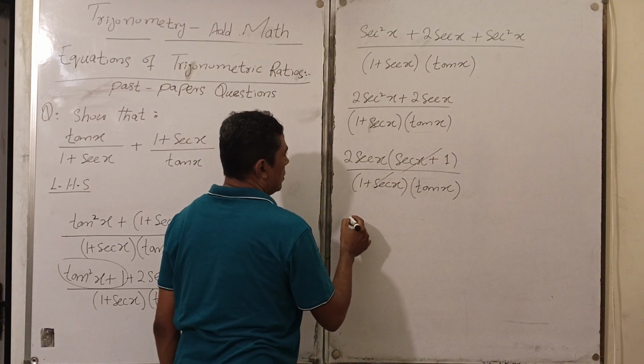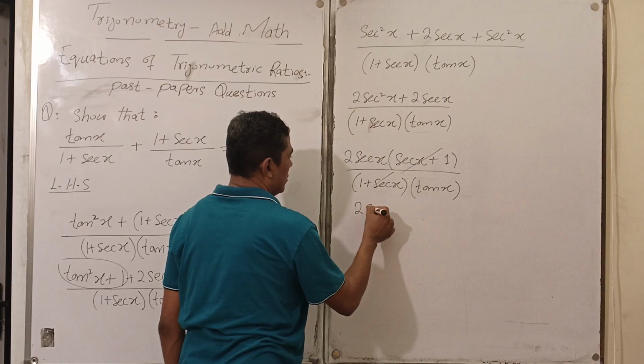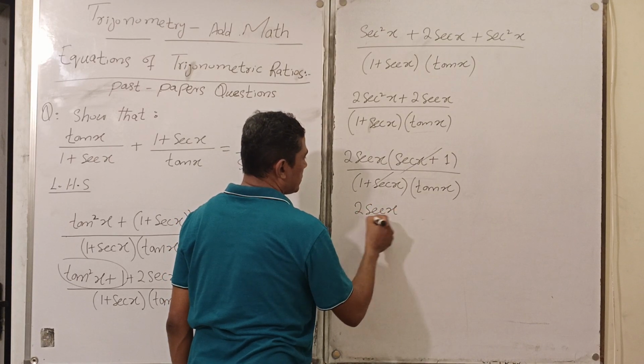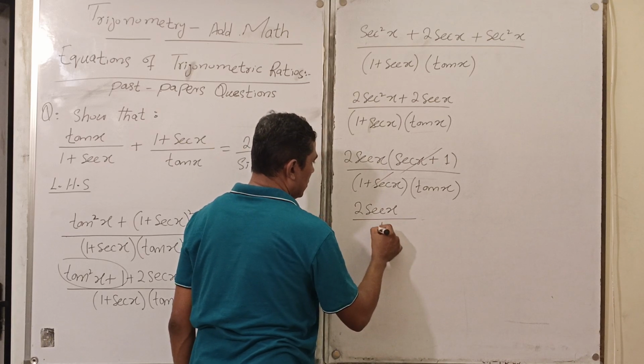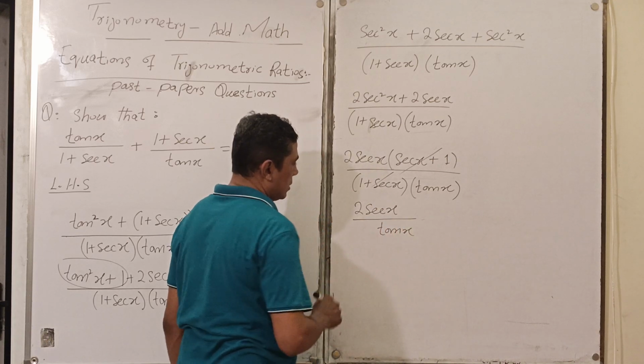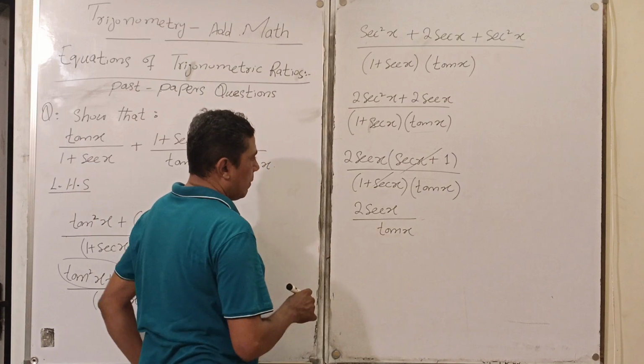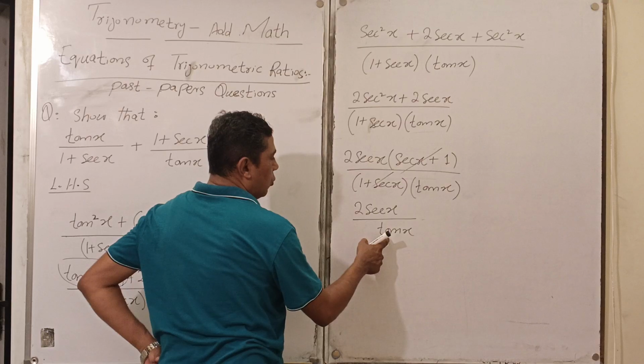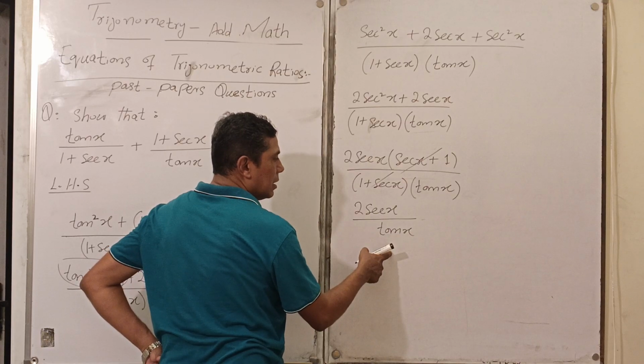So now what do you have? 2 sec x divided by tan x. Yes. Okay. Now look at this one. This tan x is what? sin x over cos x.